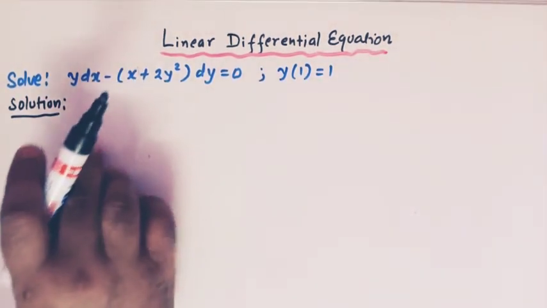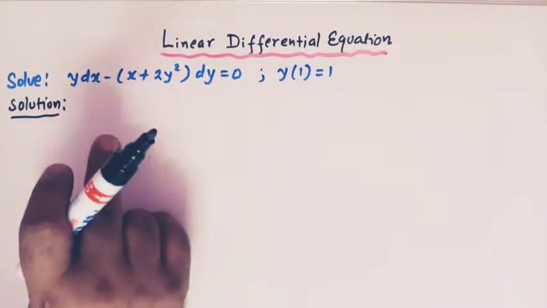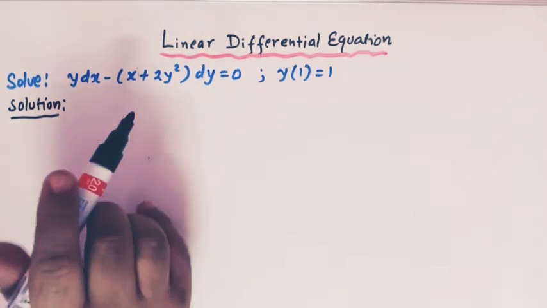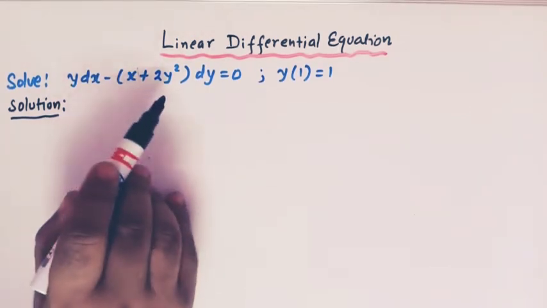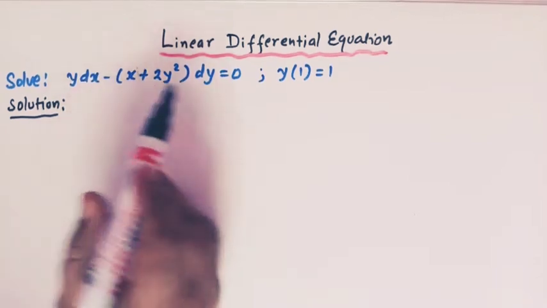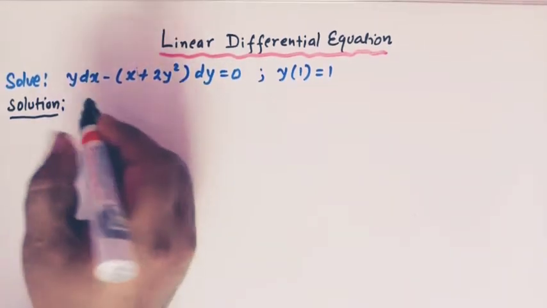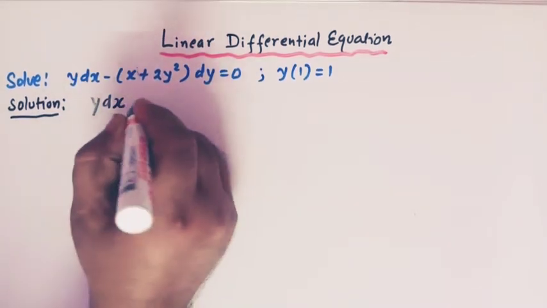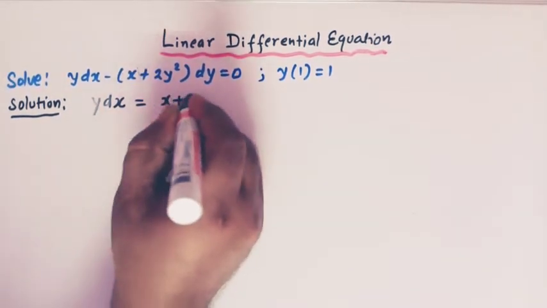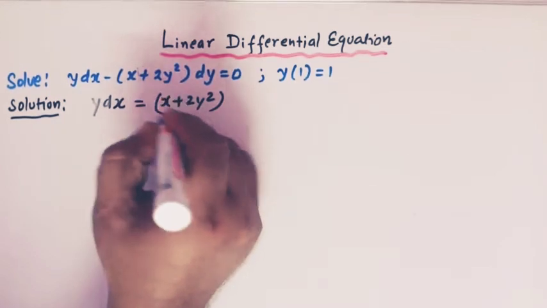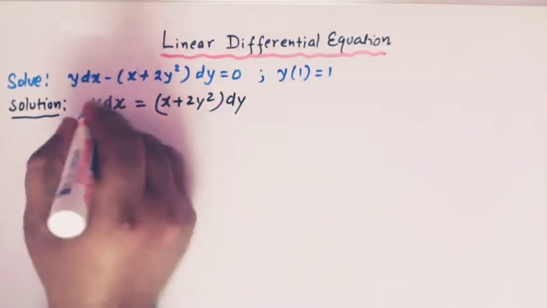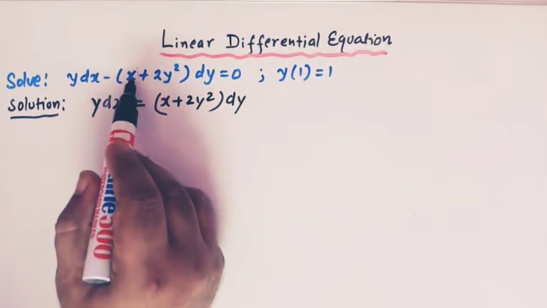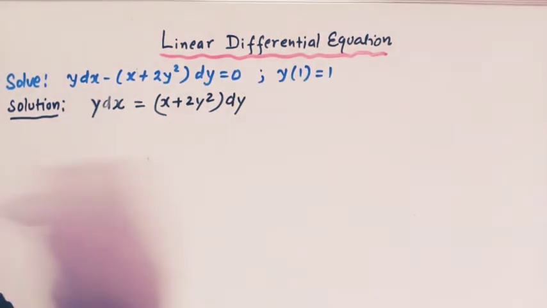Now let us first identify this equation, and in order to identify it, let us simplify it by writing y dx is equal to (x plus 2y²) dy, taking this term to the right hand side.